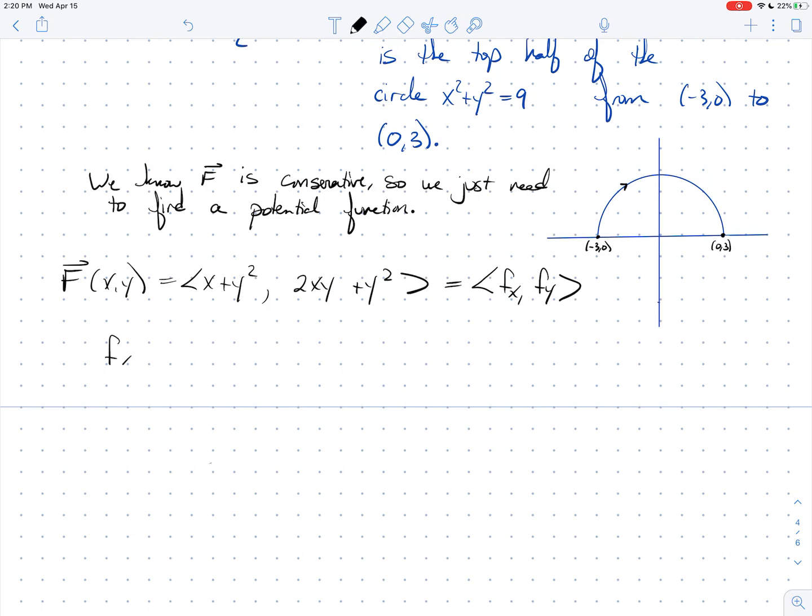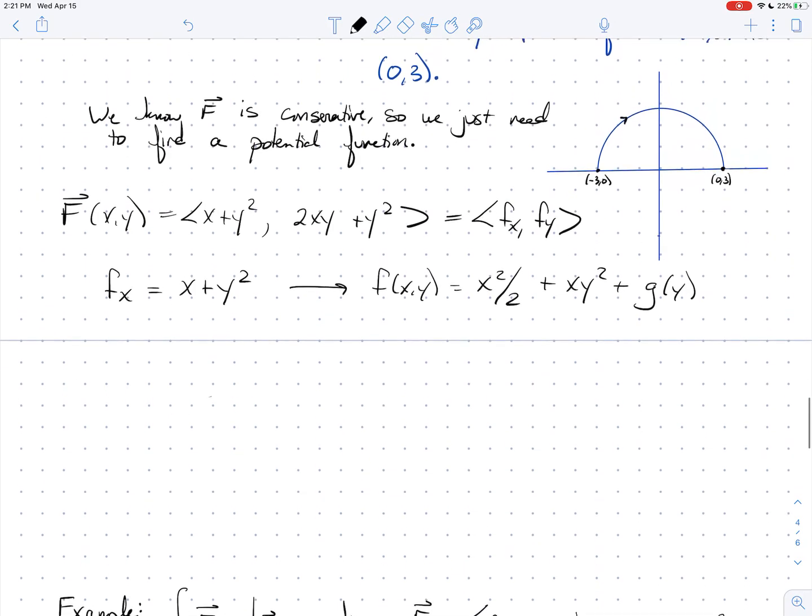And that means I can think of little f partial x as x plus y squared. So integrating with respect to x, I get f of x, y is x squared over 2 plus xy squared plus some function g of y.